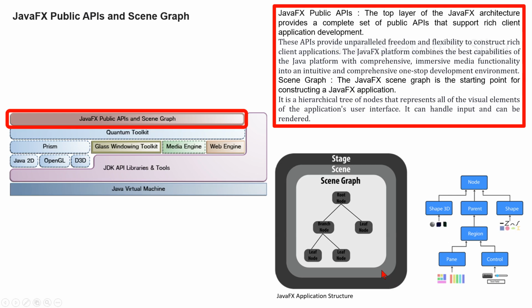Scene graph exists at the lowest level of the hierarchy. It can be seen as the collection of various nodes. A node is an element which is visualized in the stage.